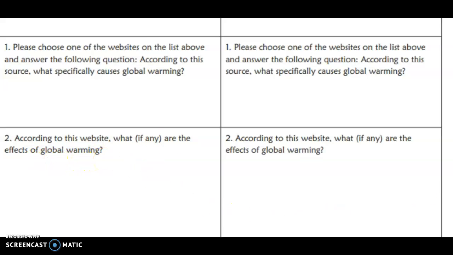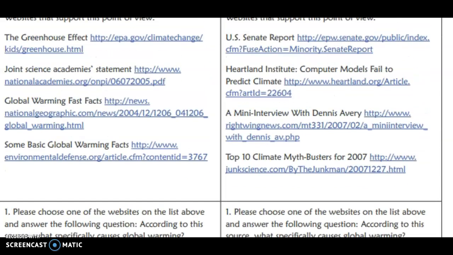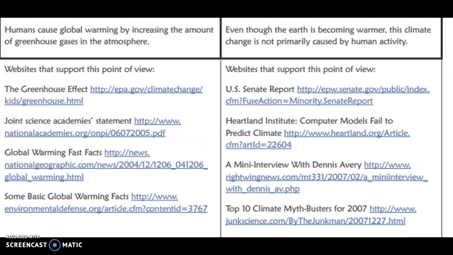And then you're going to do the same thing, or repeat the same two questions, about one of the websites that you choose from this side of the great debate, okay? But depending on which website you choose, please make sure that you add the name.